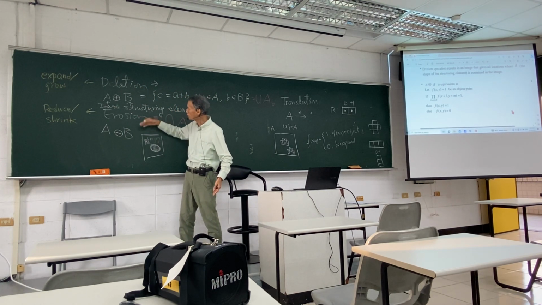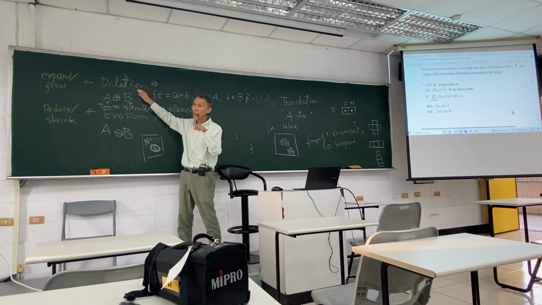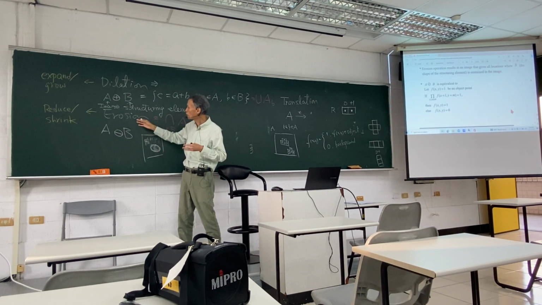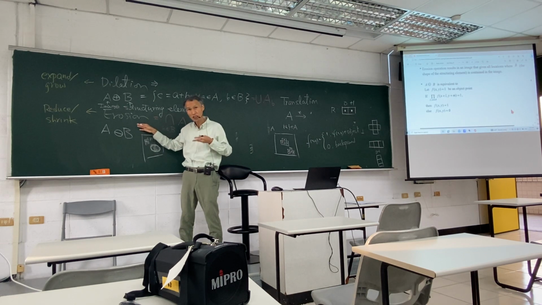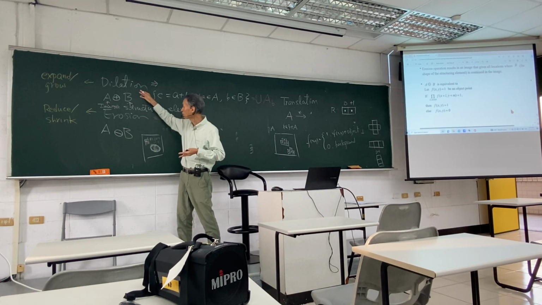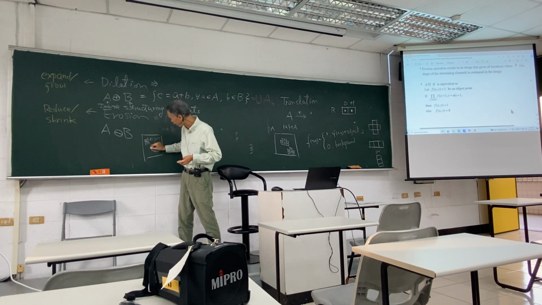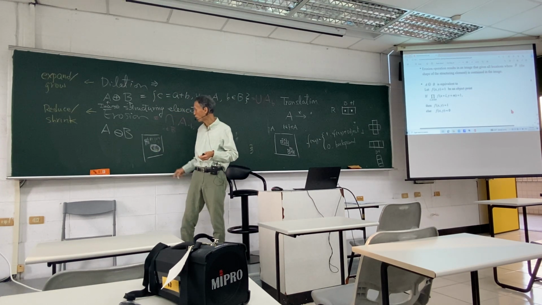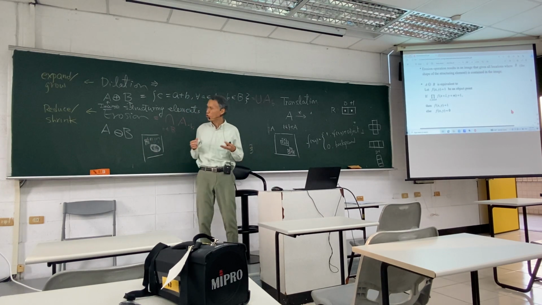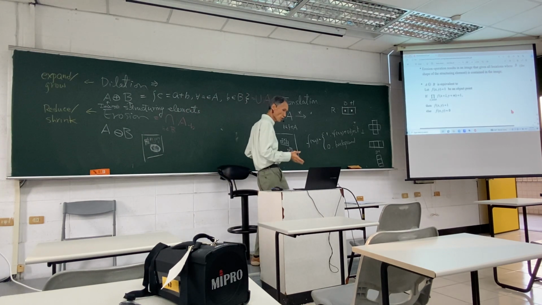So sometimes we need to do the dilation first, then erosion, or sometimes the other way around. If you want to fill some empty space, then you go for the dilation first, then erosion to move back to the original size. If we want to remove the noise first, then you apply erosion first, and then dilation to grow back its original size. But in the meantime, you have already removed the noise, okay?